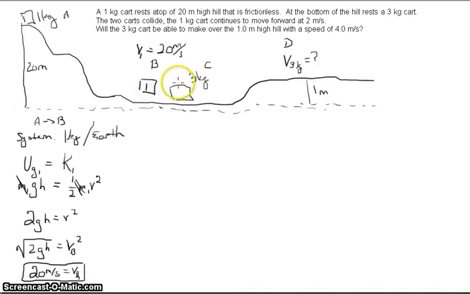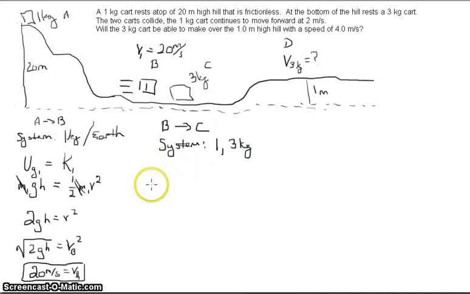All right, so there's the 1 kilogram cart, there's the 3 kilogram cart. It's moving really fast. The two are going to collide. Now in a collision, as we found out last week, momentum is conserved and energy is not conserved. So we have to use momentum here. So from B to C, our system would be the 1 kilogram mass and the 3 kilogram mass, since I'm going to use both objects and we don't know anything about the impulse.